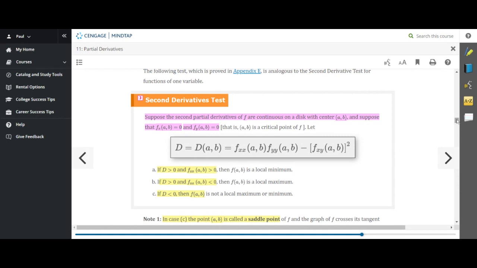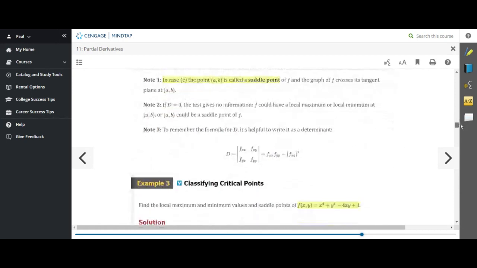So what they do in this problem then is they go forth.